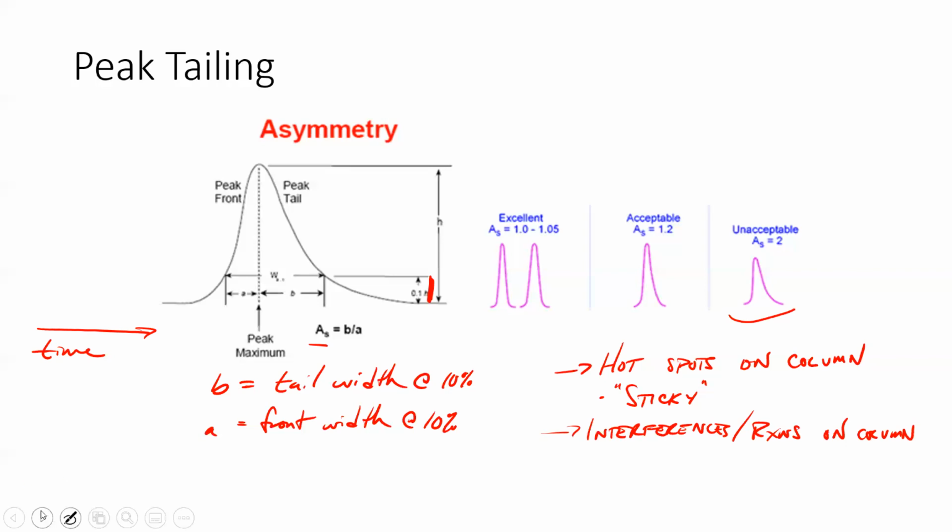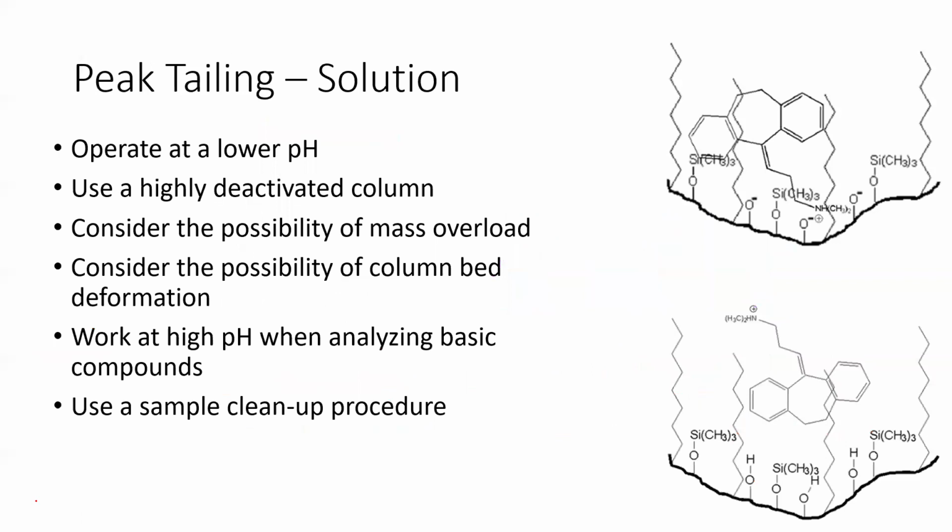So how do we correct this? How do we think about peak tailing? Well, so this dark black line here is the surface of our particle that is being functionalized. These are C8 columns, you can tell, because there's 8 carbons in a chain here.